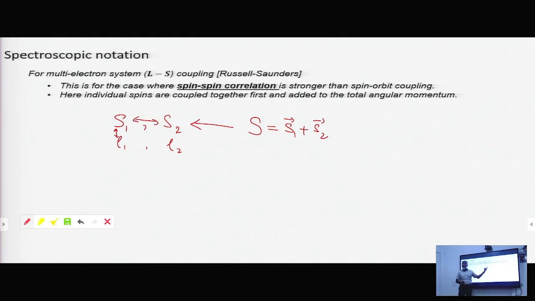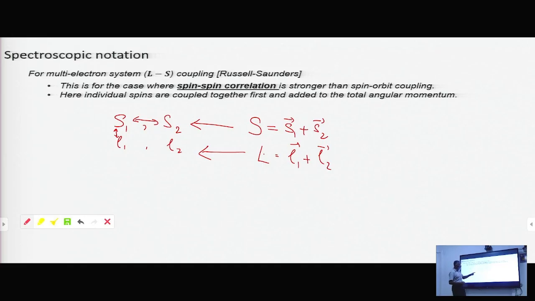So you need to get the total spin, and then you get L equal to L1 plus L2. It is not a vector sum here, because you can have plus and minus in both directions.